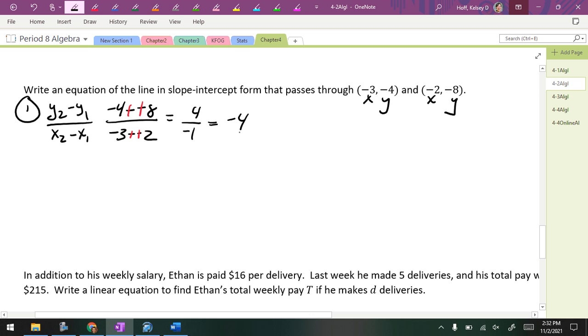Negative 4? Yeah. Okay. You pick either one. Plug it in. Check back in with me in a minute and see if you get the right y-intercept.